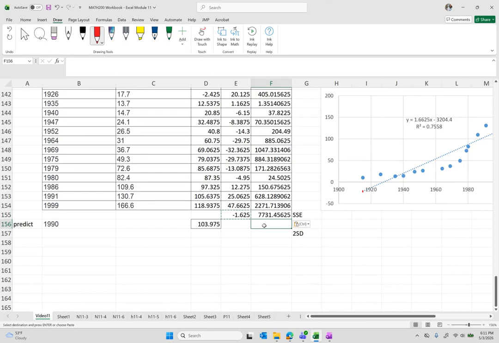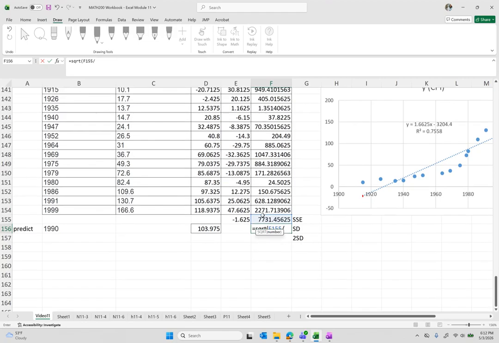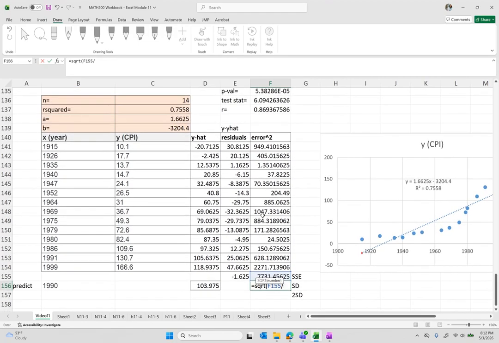The standard deviation equals the square root of the sum of the squared errors divided by n minus 2. And let's put this in parentheses. I have actually calculated n here. It would have been nice if I had just calculated the degrees of freedom so that I could use them above, and also here.